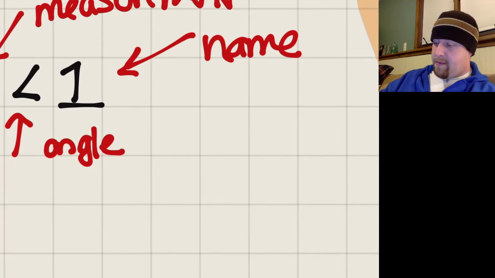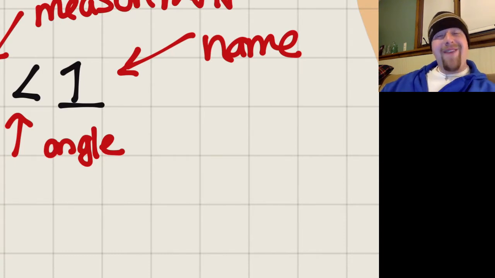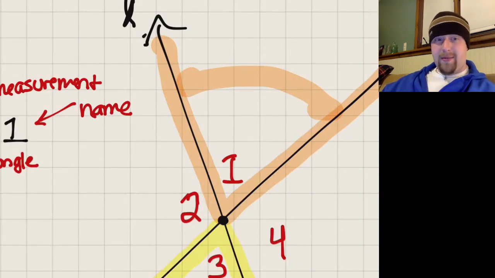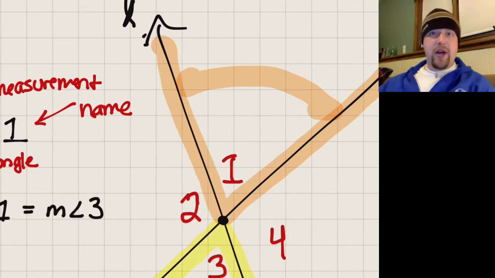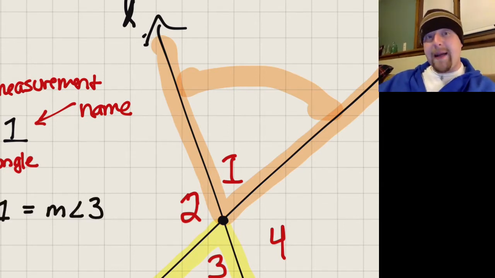So we have the measurement of angle 1, okay? The measurement of angle 1 equals the measurement of angle 3 because they are directly across from each other when the two lines are intersecting. These types of angles have special relationships called vertical angles.